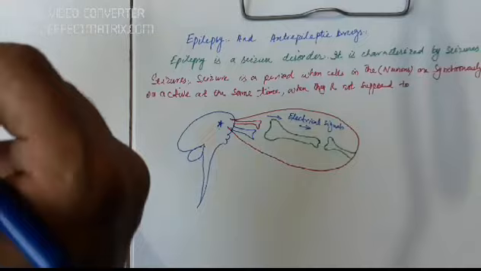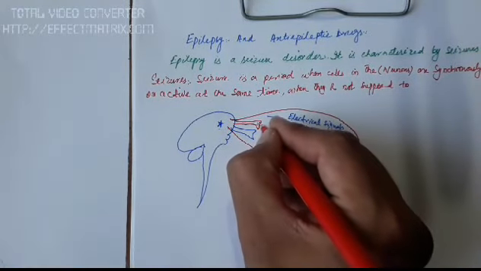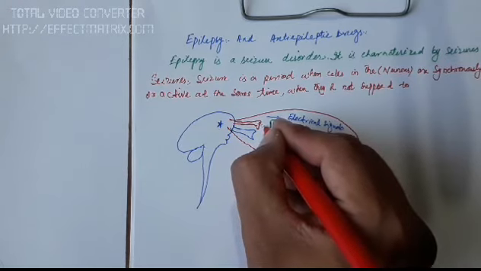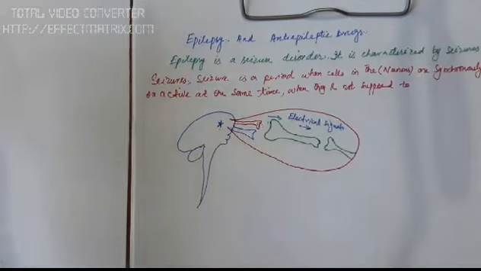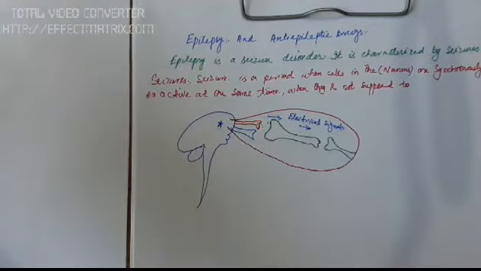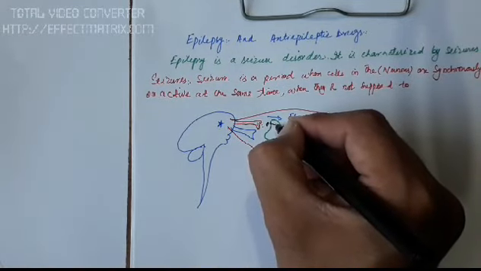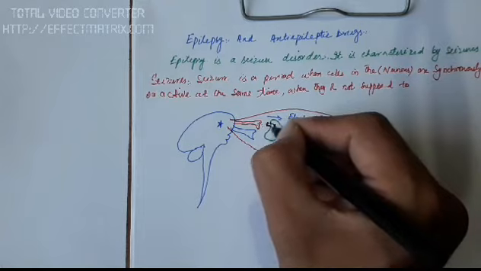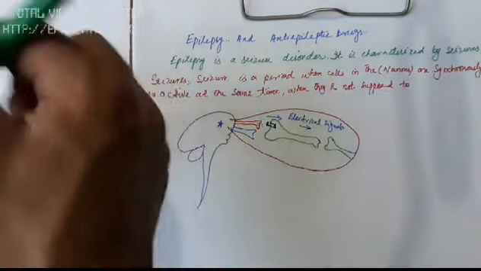Now let us suppose this excitatory neuron, this is a glutamate releasing neuron. It releases glutamate. Here it will attach to the NMDA receptor. All these receptors will be discussed later on in detail.